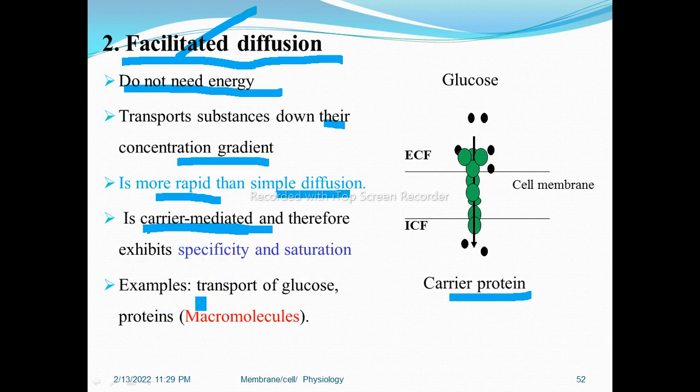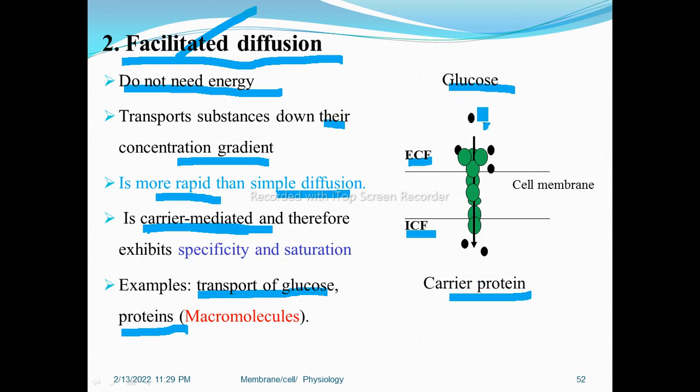An example is transport of glucose and protein. That's macromolecule. So transport of glucose and protein is known as facilitated diffusion. Let us see. This is extracellular fluid. This is the cell membrane. This is intracellular fluid. This is a carrier protein. This is glucose here.